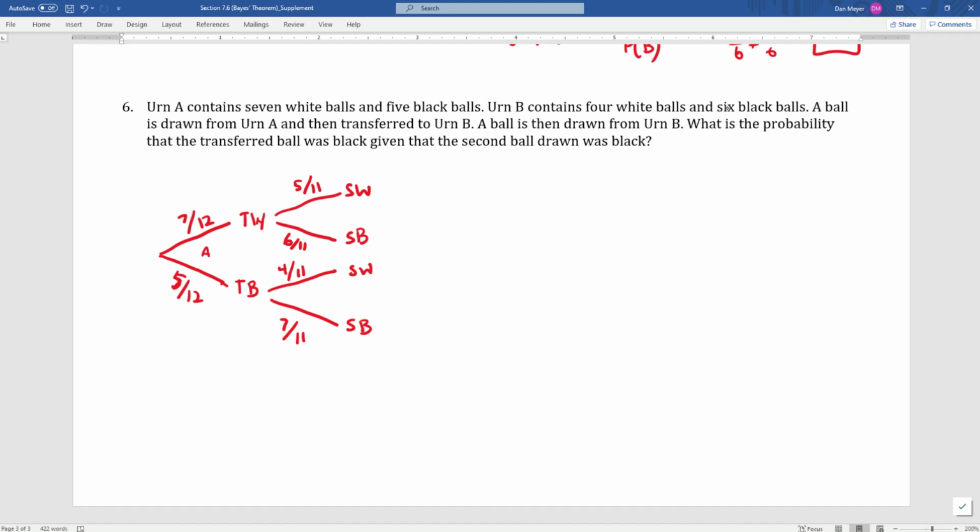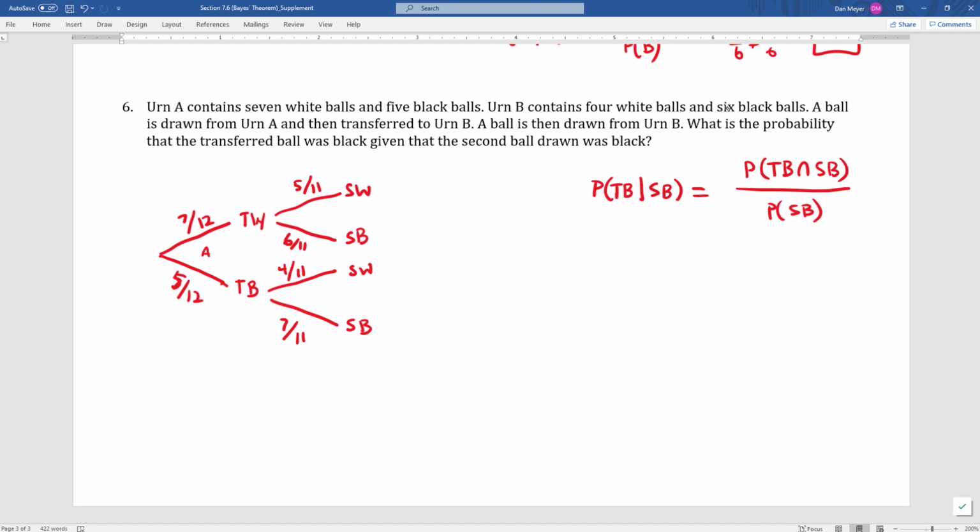All right, so what's the probability that they're asking us for here? The probability that the transferred ball was black given the second ball chosen was black. Using our basic conditional probability formula, that would be the probability that the transferred ball is black and the second ball chosen was black, divided by the probability that the second ball chosen was black.